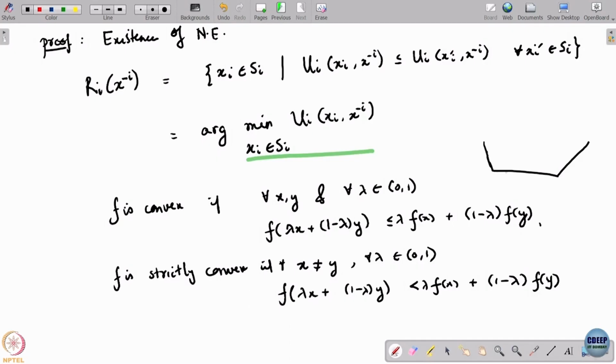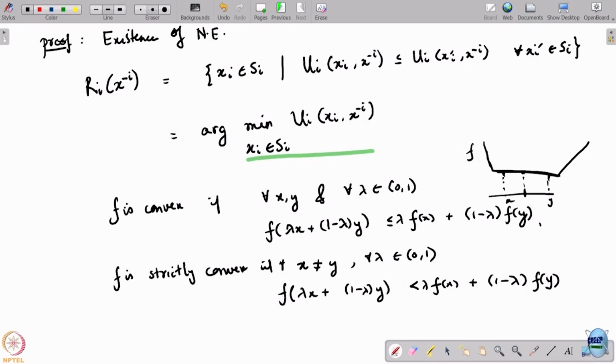Because it has a flat bottom like this, you could have 2 points here. Suppose this is a point x, this is a point y, you take lambda x plus 1 minus lambda y and evaluate f at that point, it turns out to be exactly equal to lambda f(x) plus 1 minus lambda f(y).